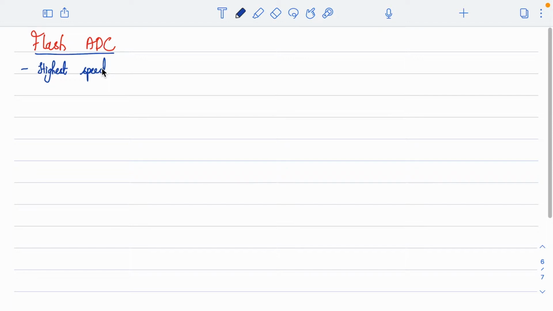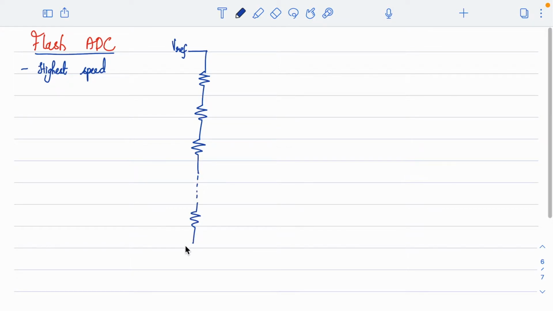As you know, in an ADC you have an input voltage, and we need to compare the input voltage with the reference voltage. The reference voltage will be generated with the help of a string of resistors. If you have VREF here, we will have a string of resistors to generate the reference voltages.